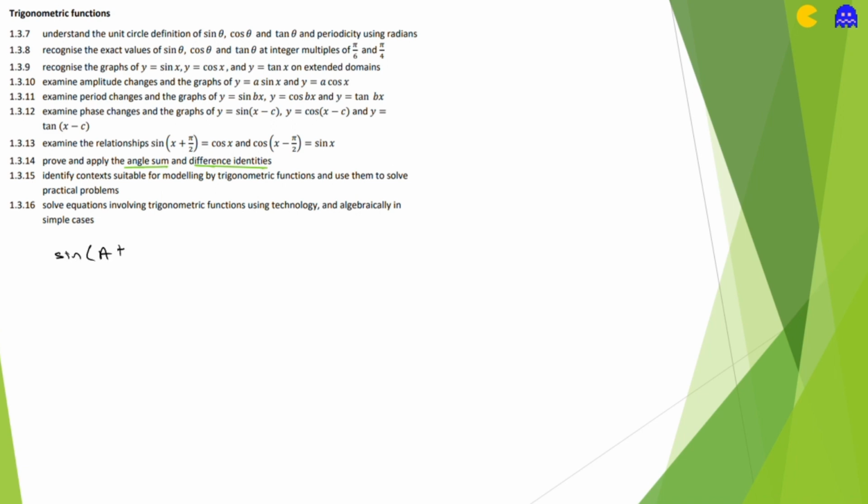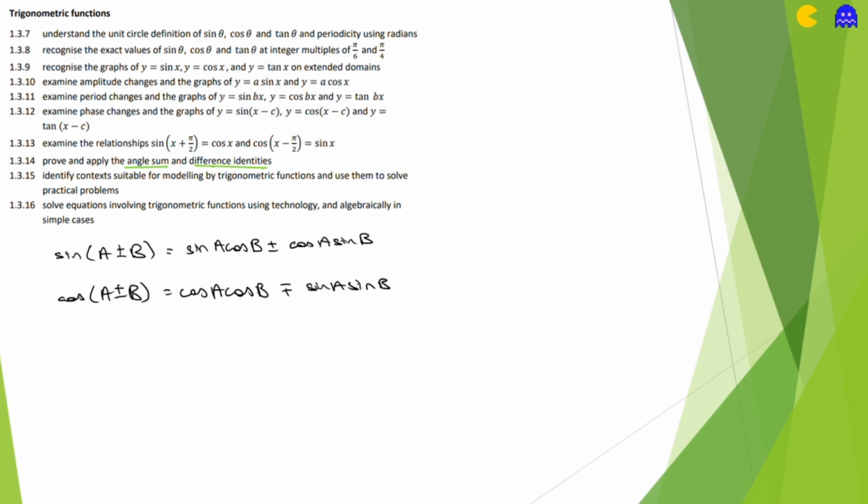Sine of A plus or minus B is going to be equal to sine A cos B plus or minus cos A sine B, whereas cos A plus or minus B is equal to cos A cos B minus or plus sine A sine B.